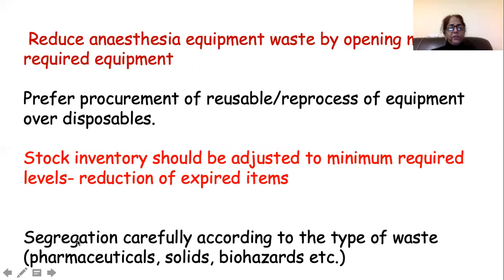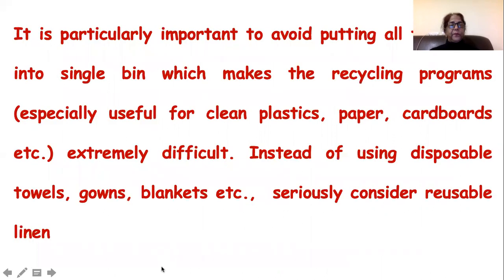And one must try to segregate waste types carefully, such as pharmaceutical, solid, and biohazards. It's particularly important to avoid putting the waste into a single bin, which makes recycling programs extremely difficult. This is especially true for clean plastics, paper, and cardboards. Instead of using disposables, one should seriously consider using reusable linen.